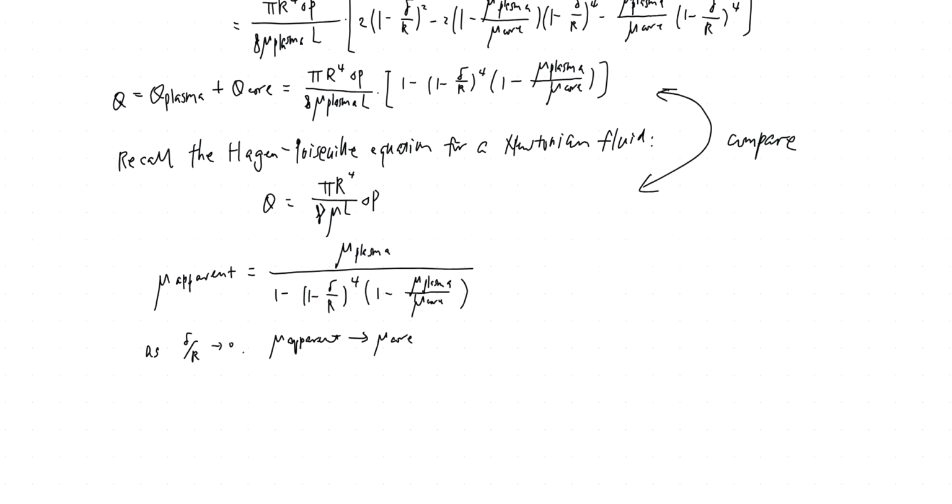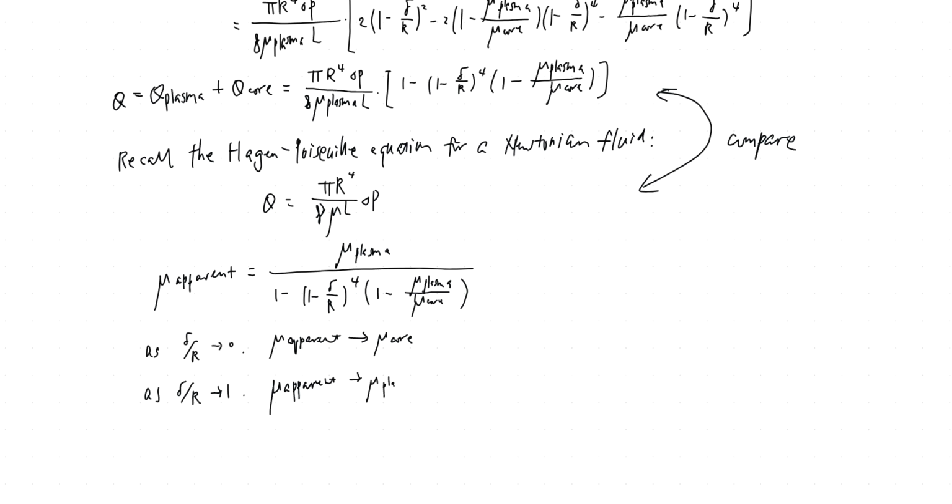On the other hand, if delta divided by R approaches 1, that means the entire region is almost dominated by the plasma layer. There's almost no core region. And no surprise, if you look at this apparent viscosity, mu apparent approaches mu plasma.